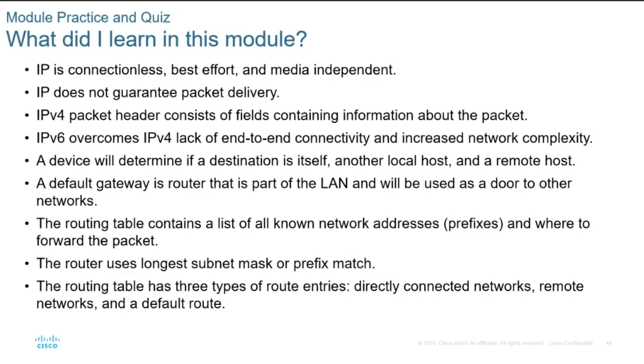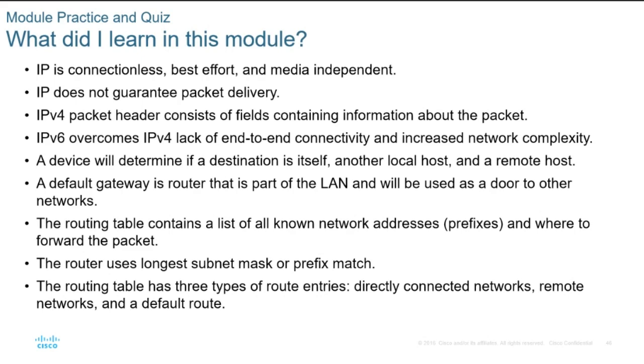A default gateway is a router that is part of the LAN and will be used as a door to other networks. The routing table contains a list of all known network addresses, prefixes, and where to forward the packet. The router uses the longest subnet mask or prefix match. The routing table has three types of route entries: directly connected networks, remote networks, and the default route.